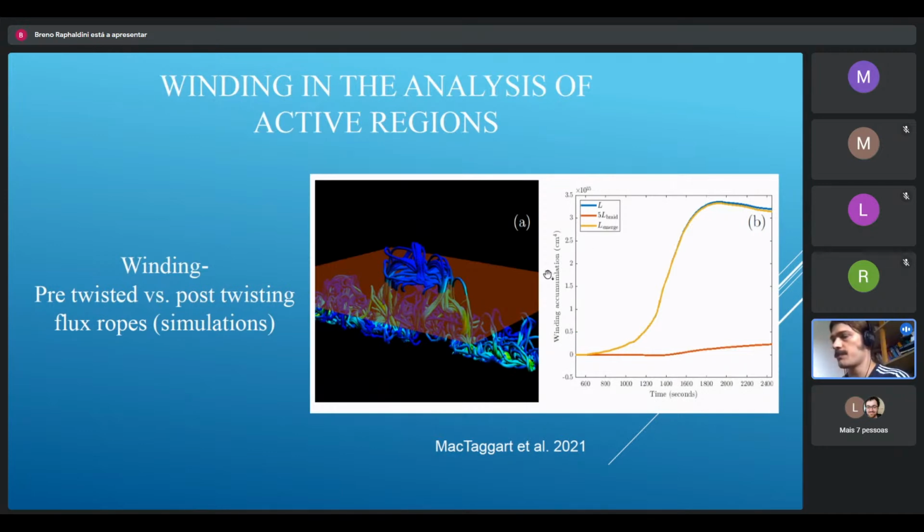Here we did an MHD simulation of a magnetic flux tube emerging through the solar photosphere with convective motions. So here we show the flux of magnetic winding through this surface that represents the solar photosphere. And we see that the total winding, this blue curve, is dominated by the emergence term, which is the component of the winding due to vertical motions.